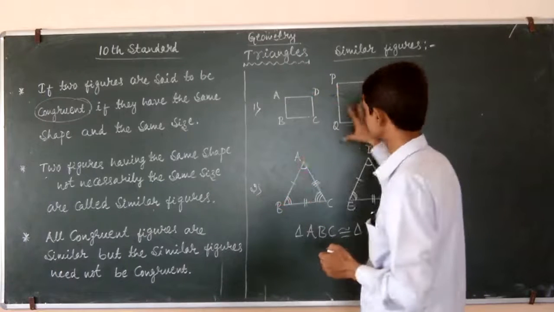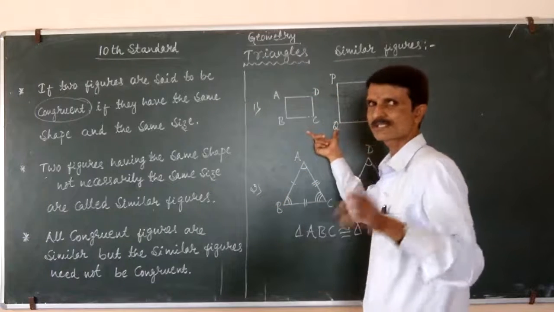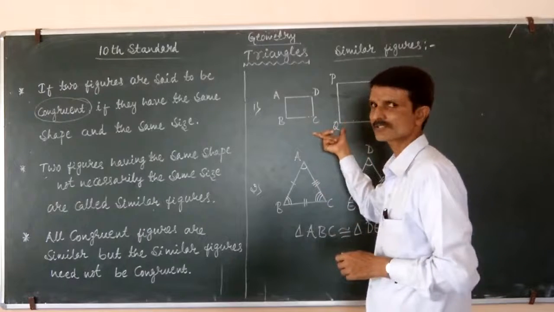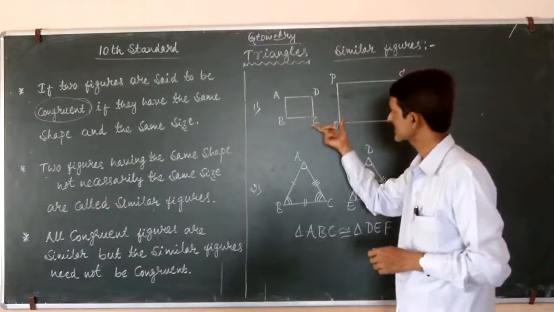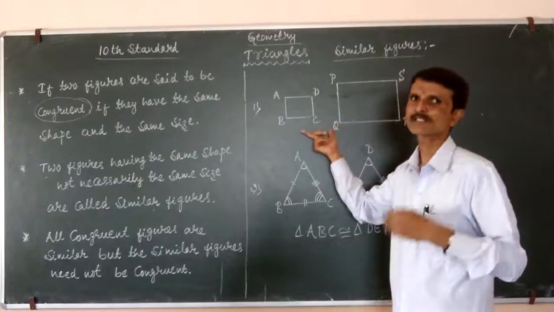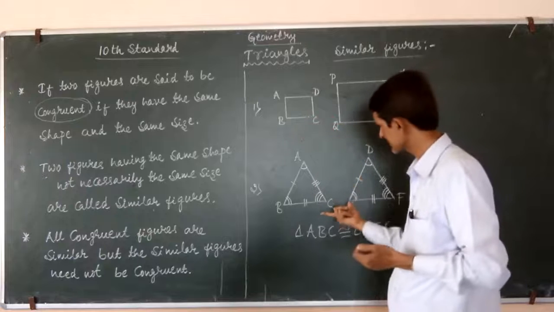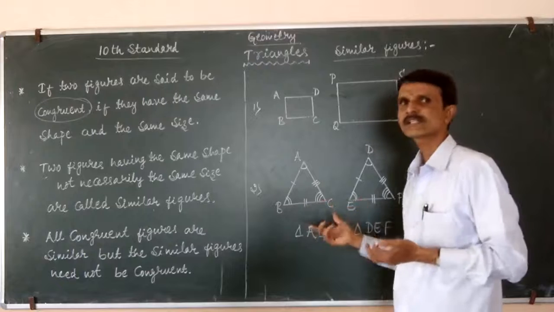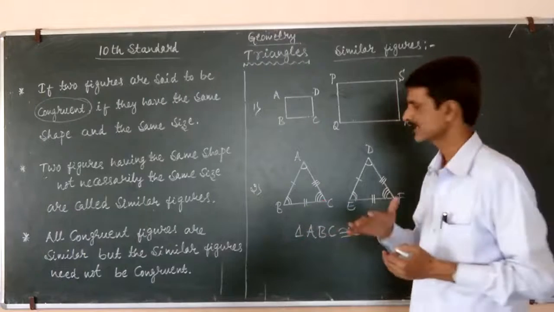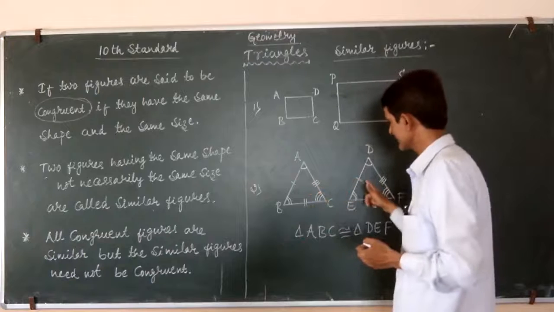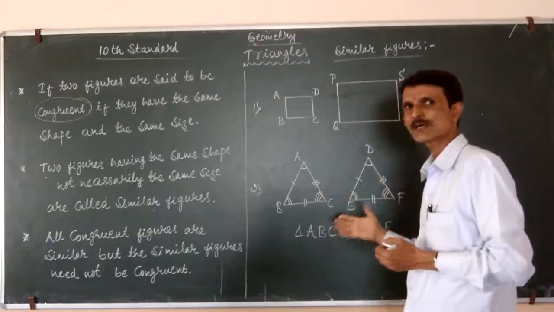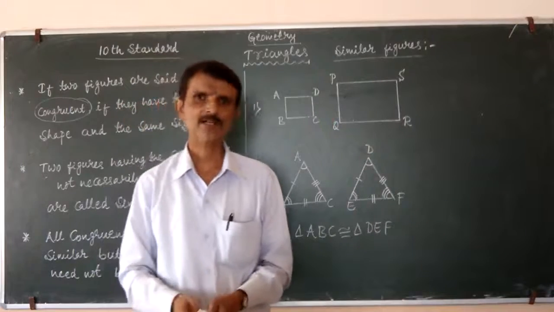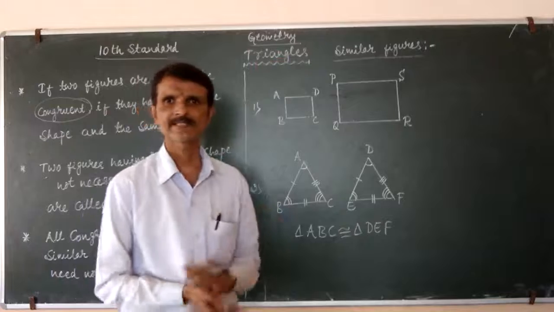They are the same shape but differ in size. Whereas in the second figure, these two are congruent figures because they have the same shape and same size. Okay students, I think you have cleared about the similar figures.